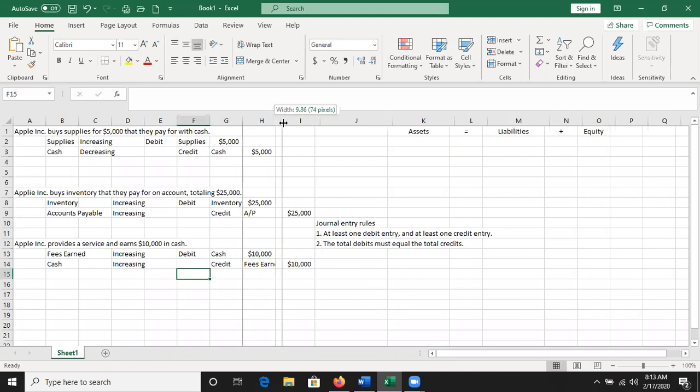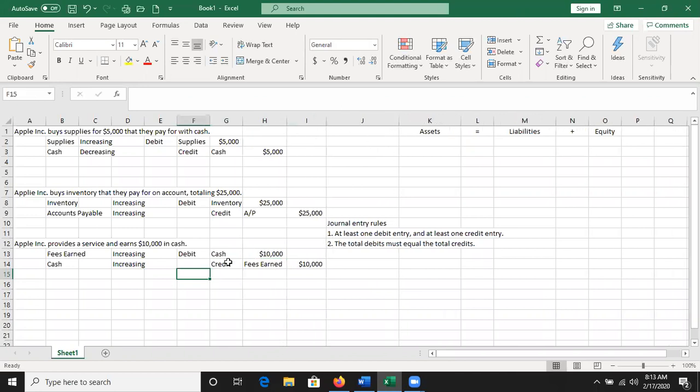And now we can go ahead. We have a debit. We have a credit. Meet the first rule. Total debits 10,000. Credits 10,000. Second rule. Now we can go ahead and update our accounting equation. So cash is an asset which we debited. It's increasing. So assets are increasing 10,000. Fees earned, they're a revenue.